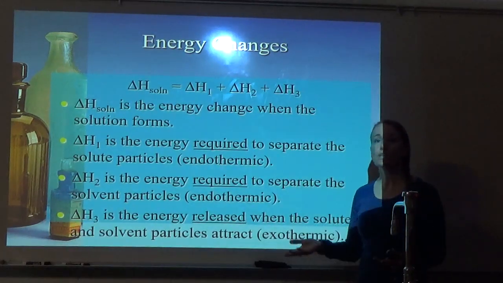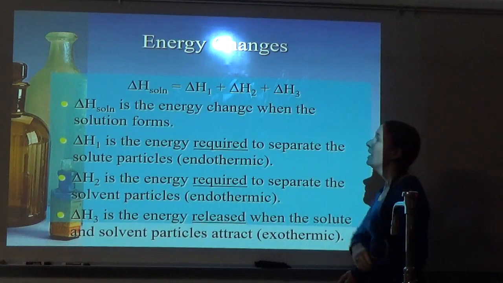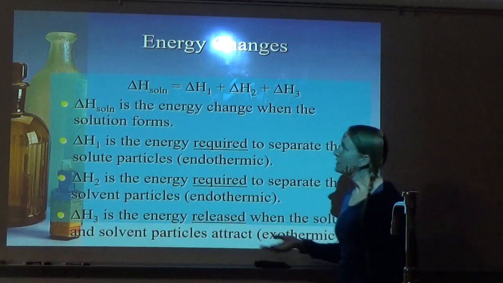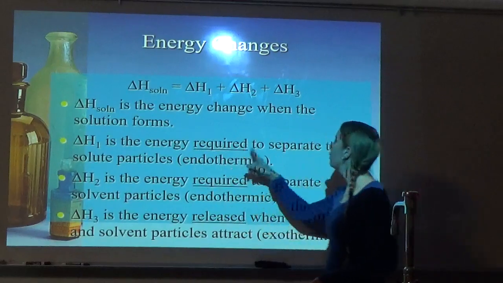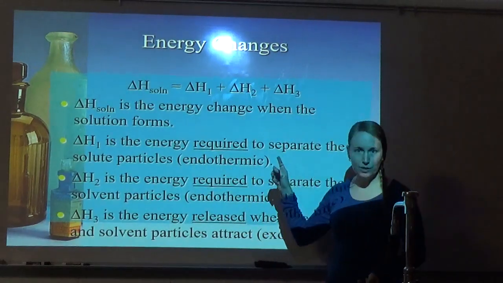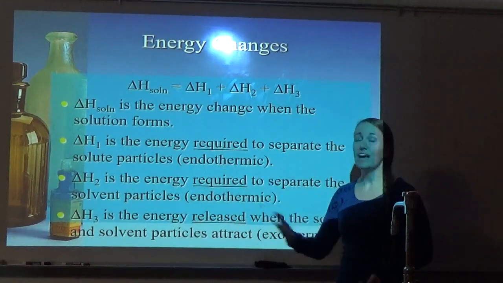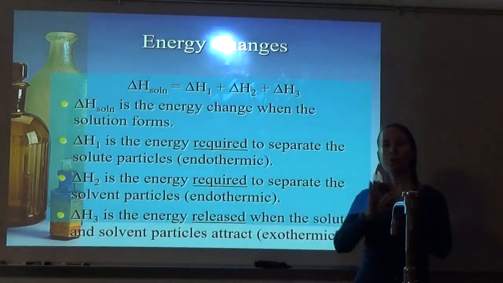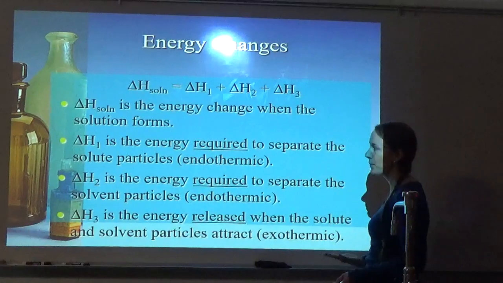Those are the changes in enthalpy of three different processes. Delta H of solution is the energy change when the solution forms. Delta H1 is the energy required to separate the solute particles. Since energy is required, that will be endothermic. It'll be a positive value because we're taking solute particles that are attracted to each other and we're pulling them apart.